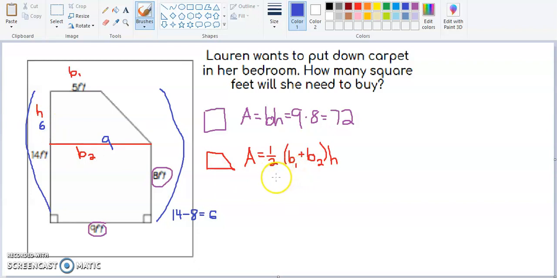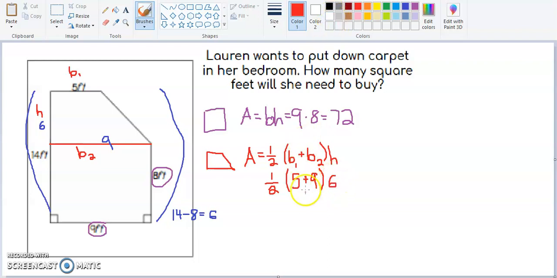So now I just need to substitute into my formula. Going to have 1/2 is going to stay the same. Base 1 we said was 5, plus base 2, which we said was 9, times height, which we said was 6.